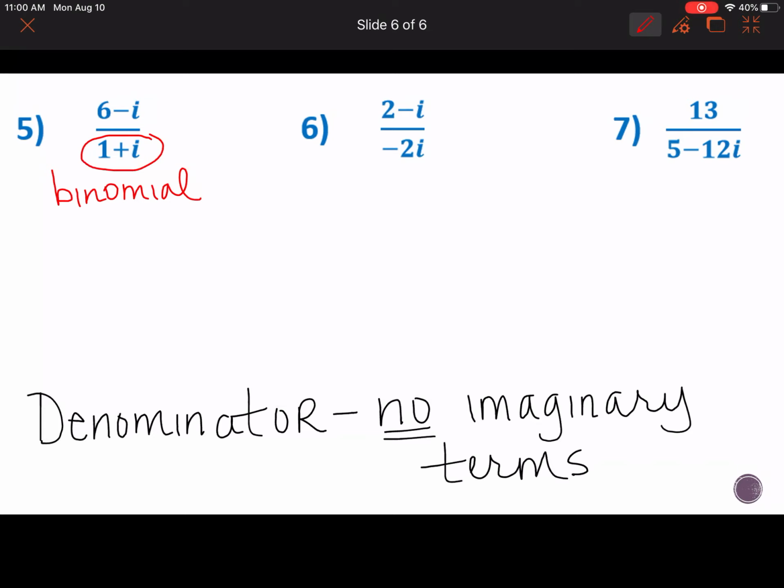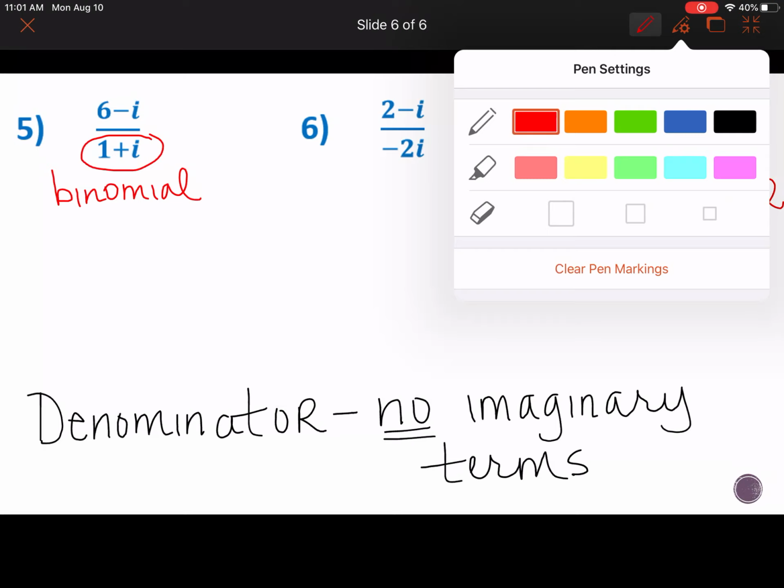Anytime you have a plus sign in between two terms, that is a binomial. It can have a plus sign, it can have a minus sign. So the denominator of number 5 is what we call a binomial. The denominator of number 7, because there's a minus sign, is also a binomial.